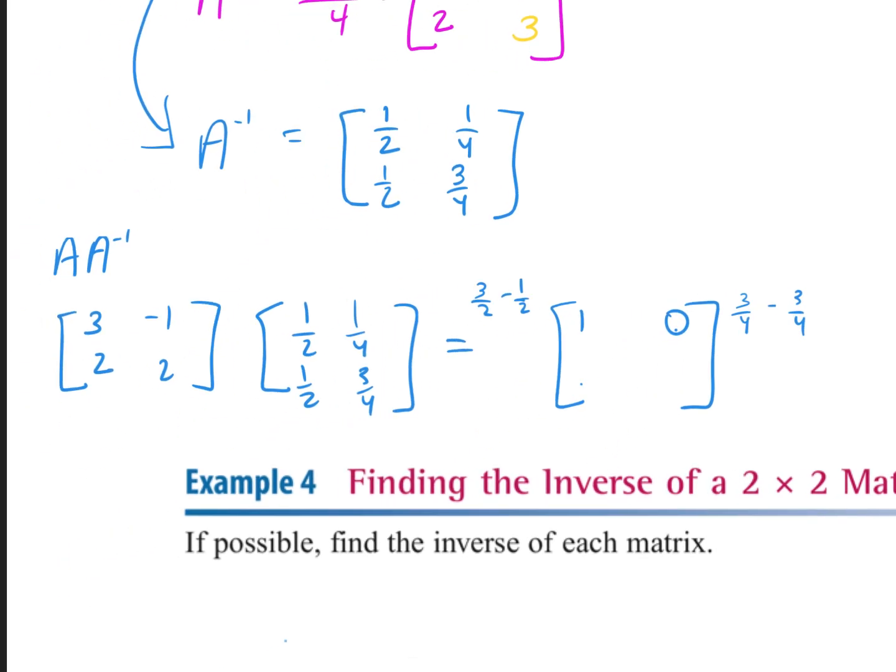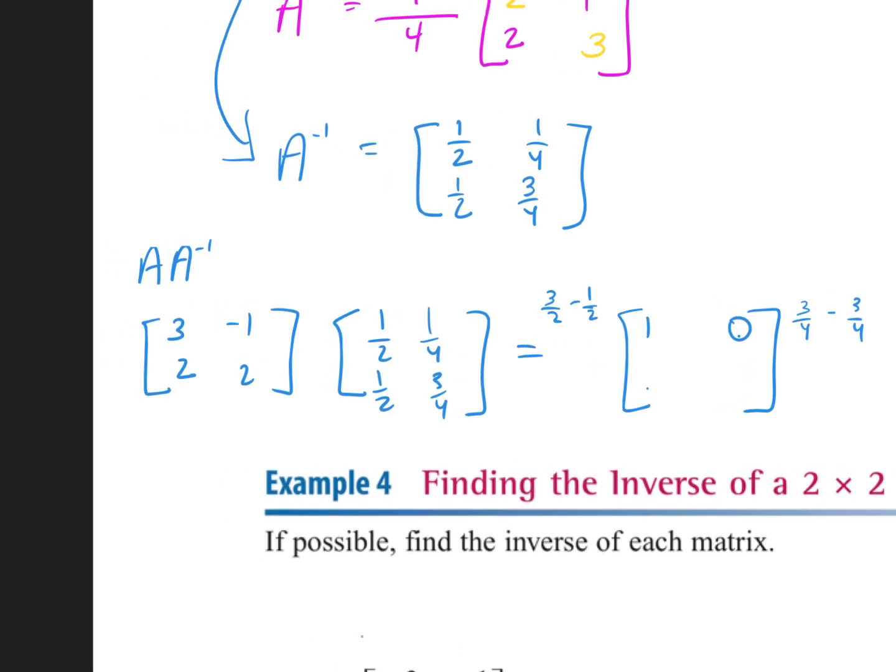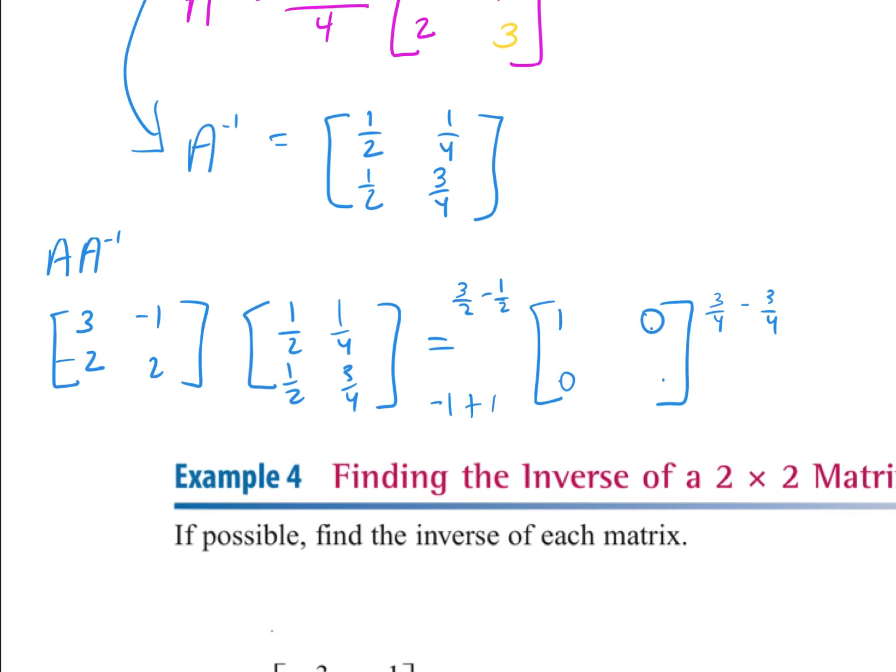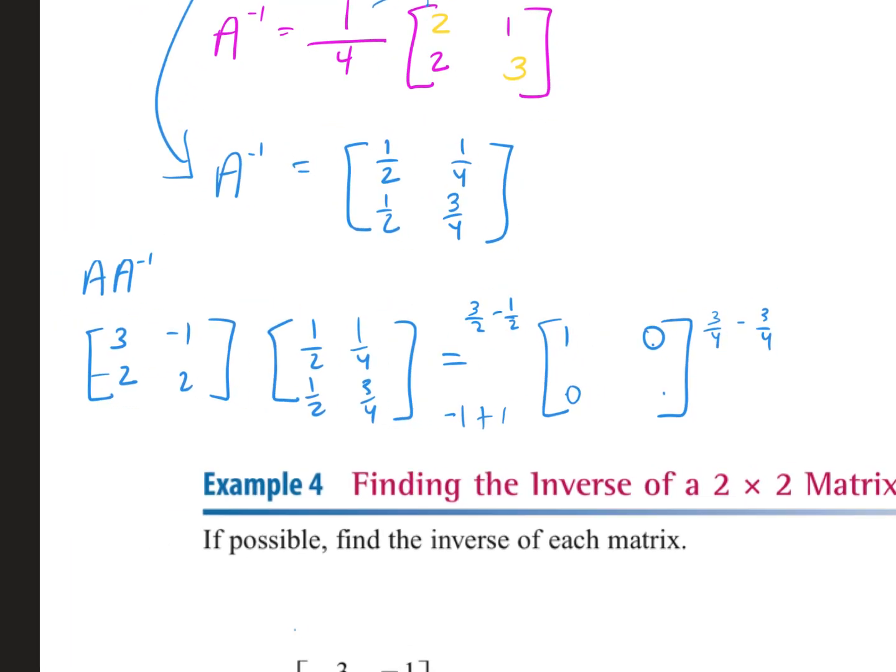So let's find this, bottom left. Second row, first column, so 2 times 1/2 is 1. Yeah, this should be negative 2, I thought. So negative 2 times 1/2 is negative 1. And then 2 times 1/2 is positive 1, so I get 0. And then this piece here, second row, second column.